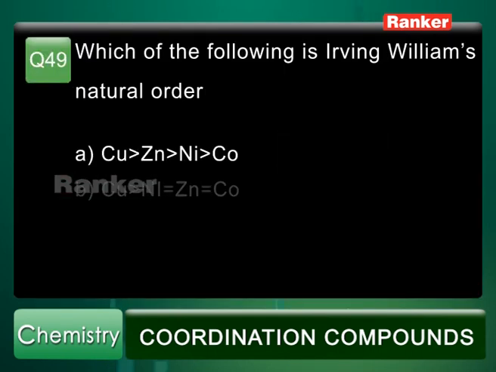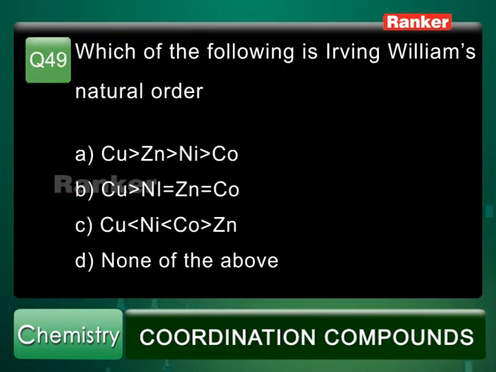Question number 49. Which of the following is the Irving-Williams natural order? A is Cu > Zn > Ni > Co. B is Cu > Ni = Zn = Co. C is Cu < Ni < Co > Zn, and D is none of the above.